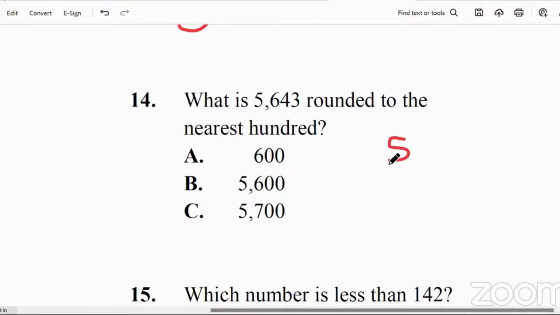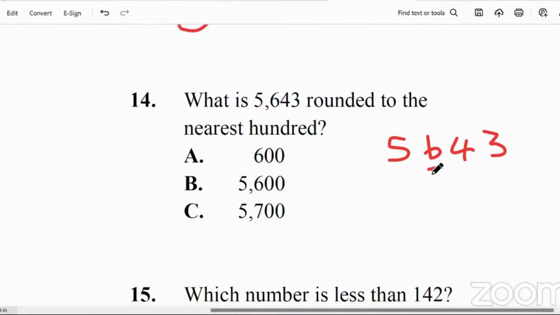So 5,643. It says rounded to the nearest hundred. So which digit is in the rounding place? It would be 6. That's in the hundred place. Okay, that's where we're rounding to. Now, what do we do next? So we identify the digit in the rounding place. Then we look at the digit to the right. All right, is it 5 or more?